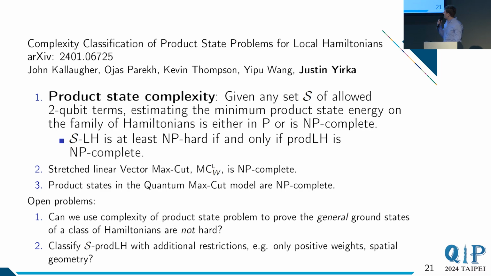But looking at the positive weight case, there's been work on classifying the complexity of the ground state energy when you're restricted to positive weights, but we don't have the full classification like we put up before. So it might be a very hard problem. On the other hand, maybe because this is just for product states, it's more tractable. So it'd be interesting.